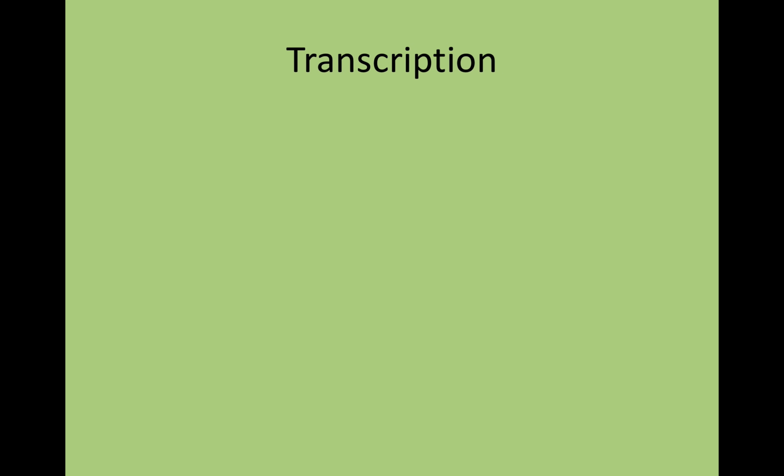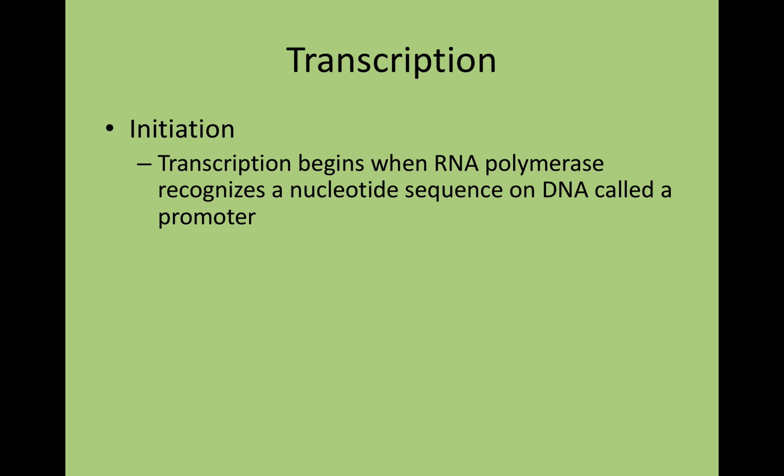then into a protein. And with transcription, we have an initiation process where RNA polymerase recognizes a nucleotide sequence on DNA called a promoter region. So RNA polymerase, different than DNA polymerase, is going to be the workhorse in transcription. Very important to be able to remember the distinction between RNA and DNA polymerase.